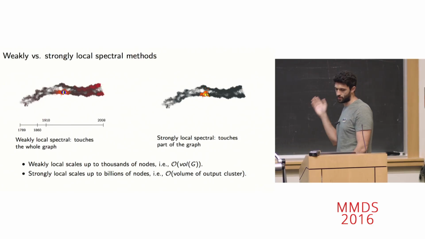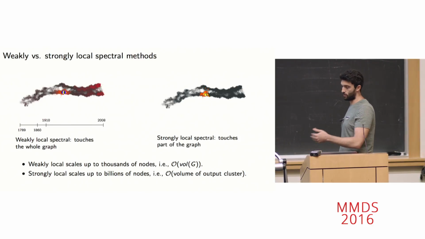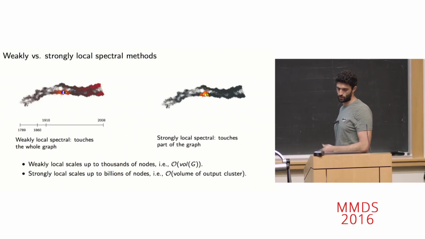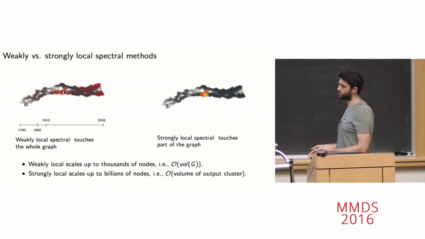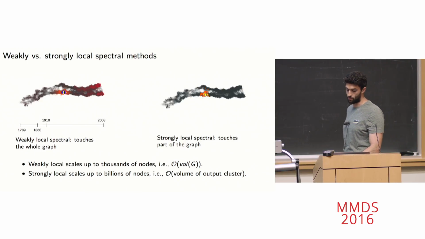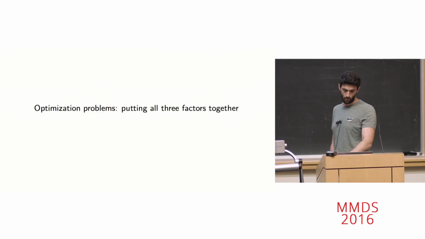Okay, spectral, the same conclusion with respect to the running time. It happens in this case that the two examples give similar clusters, so maybe that means that running a strongly local algorithm is better in this case.